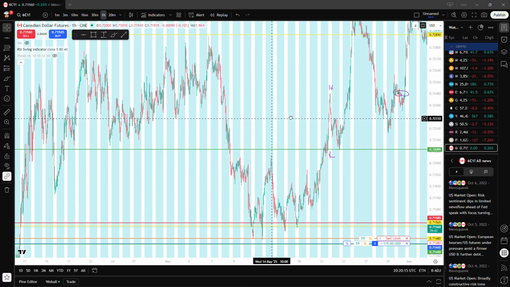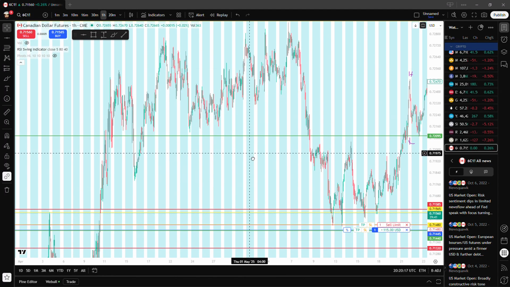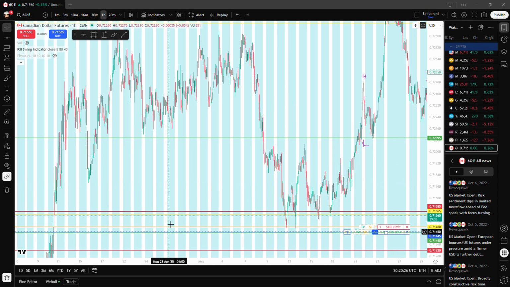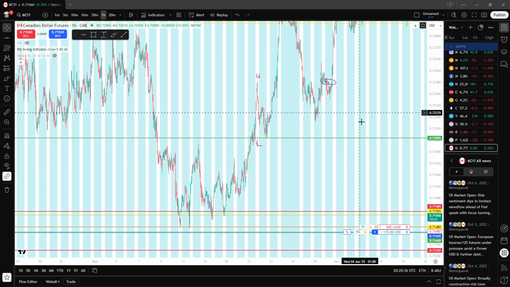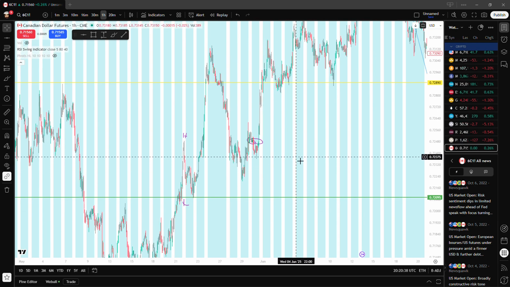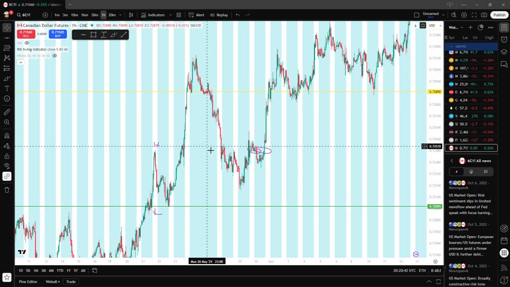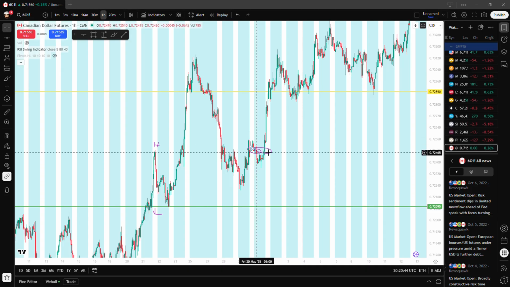But there weren't any highs and lows to compare it to right here. Right here, this is just a low, and it broke that low. So yeah, over here is kind of confusing to me. I don't know. Correction. Boom.